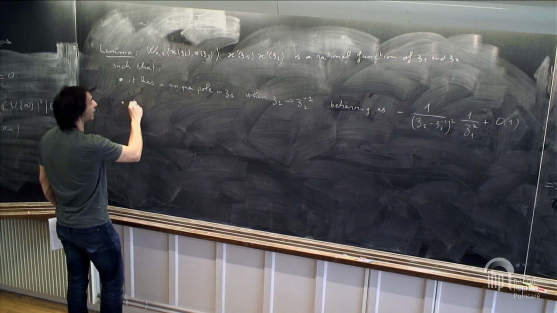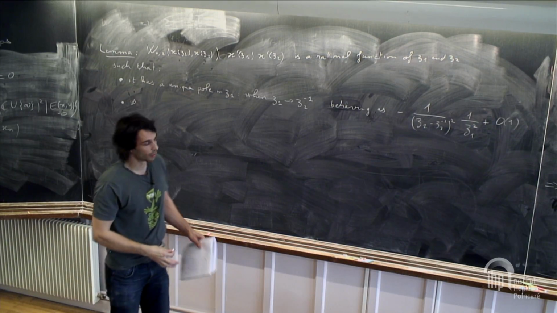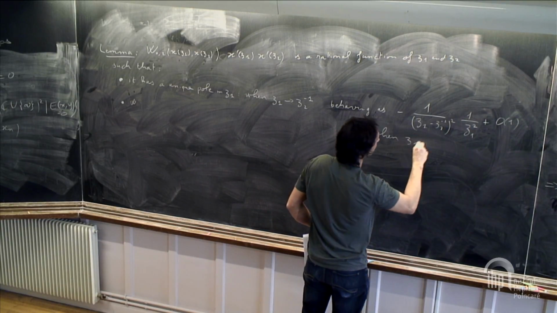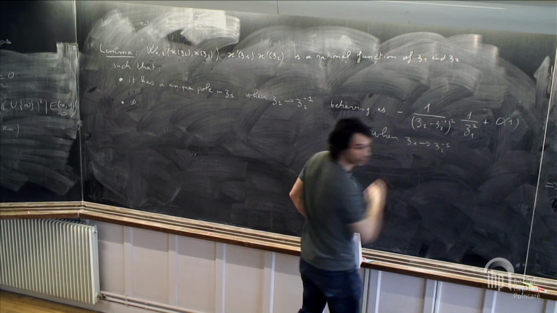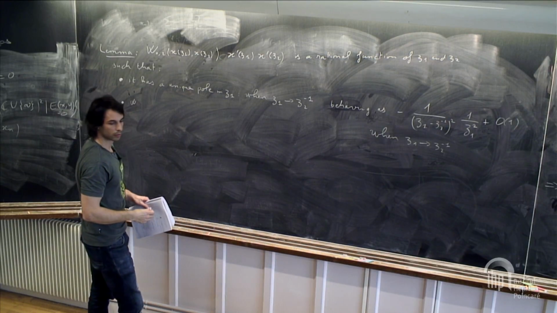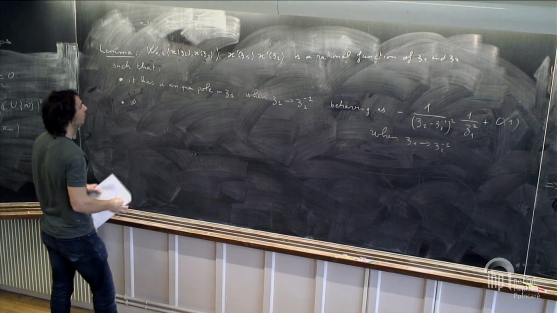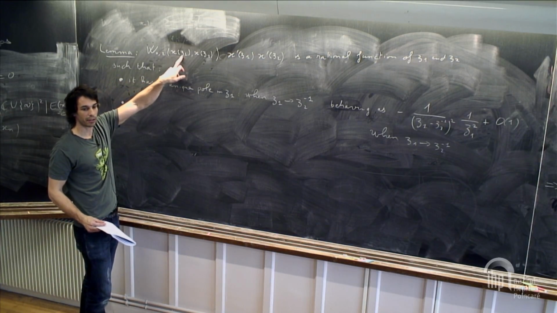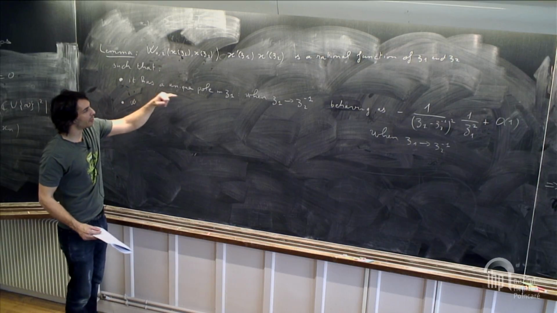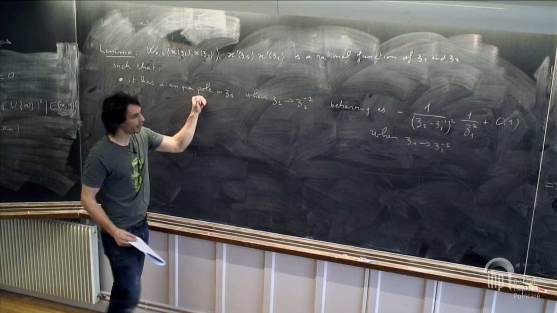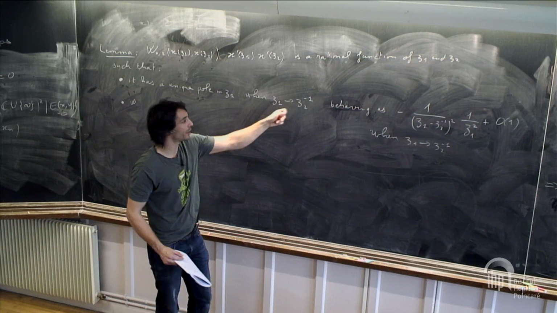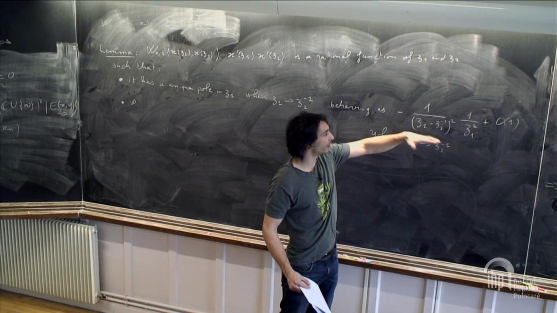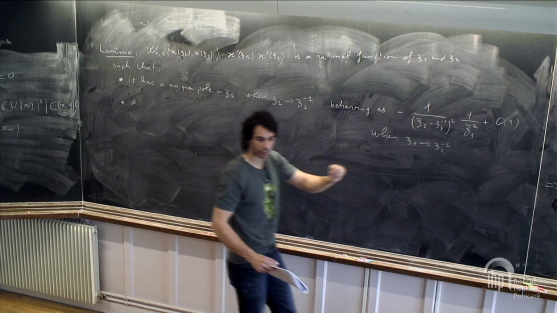And when, yeah? Yeah, when z1 goes to z2 to the power minus 1. Okay. So here I'm telling you that if you look at it as a function of z1, so it's a rational function of z1, and I know that it has only one pole, and this pole is located at z1 equals z2 to the power minus 1, and I've got this behavior, so it doesn't have any residue, it has got a double pole.